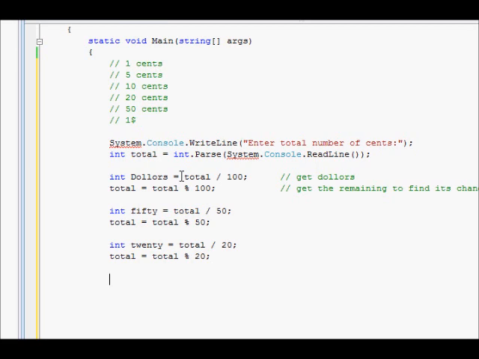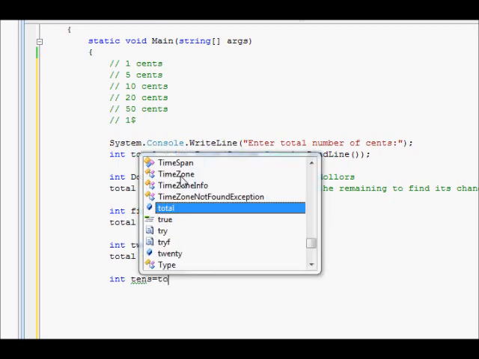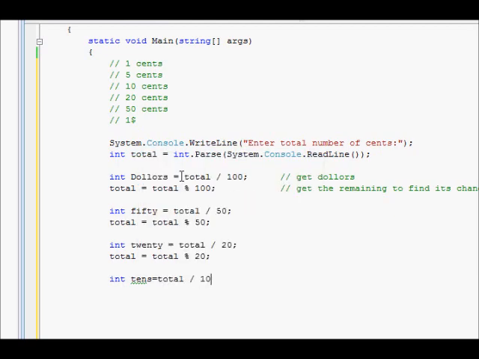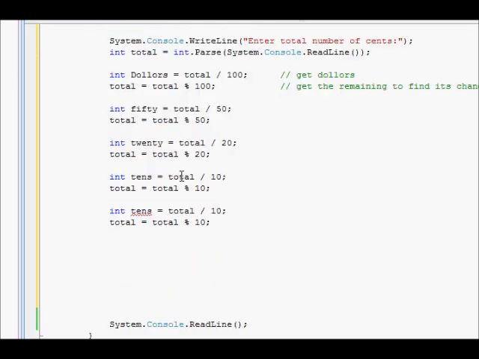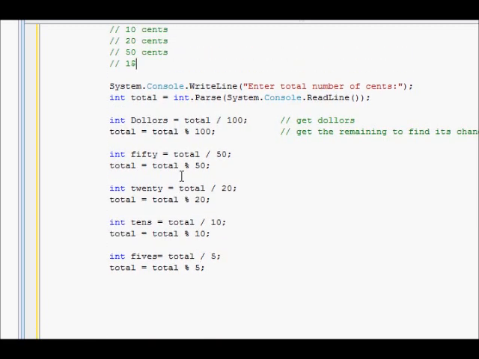And we need to work on the tens. Tens equals total divided by 10, and total equals total modulus 10, and same goes for the fives. And the last one is the ones, so we don't need to do anything.